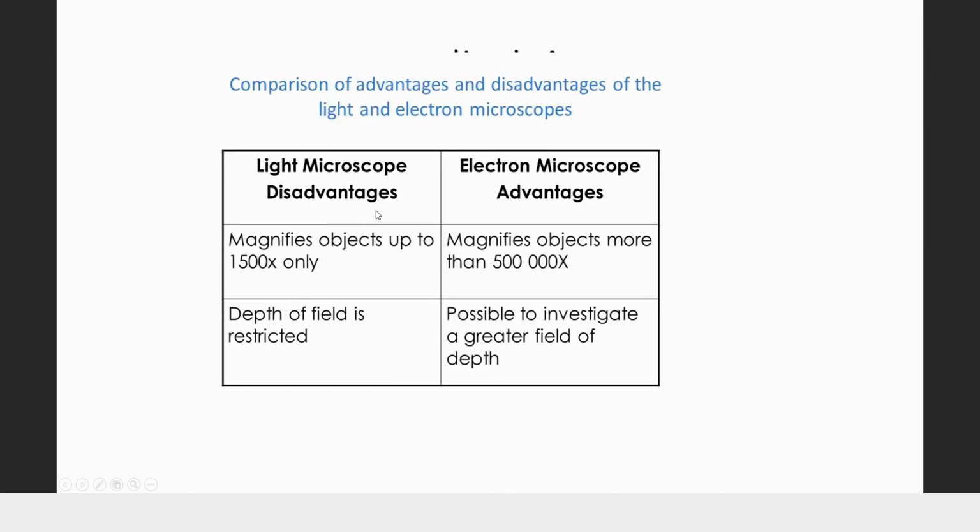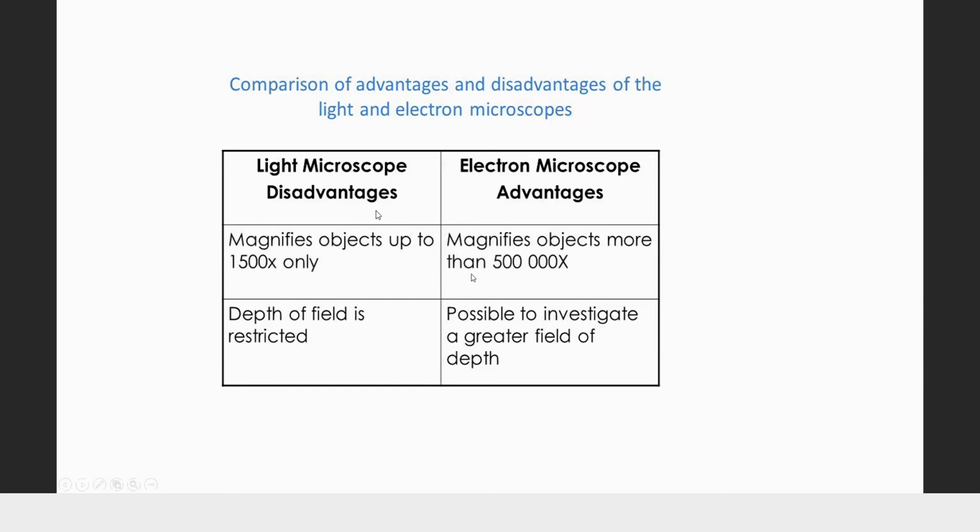Okay, this is a very general comparison of the advantages and disadvantages of light and electron microscopes. A light microscope is just a microscope that you normally use to examine histosections. The electron microscope is what we have been discussing today. In a light microscope, however much you change your objective, you can only magnify up to 1,500 times, and the depth of field is very restricted.